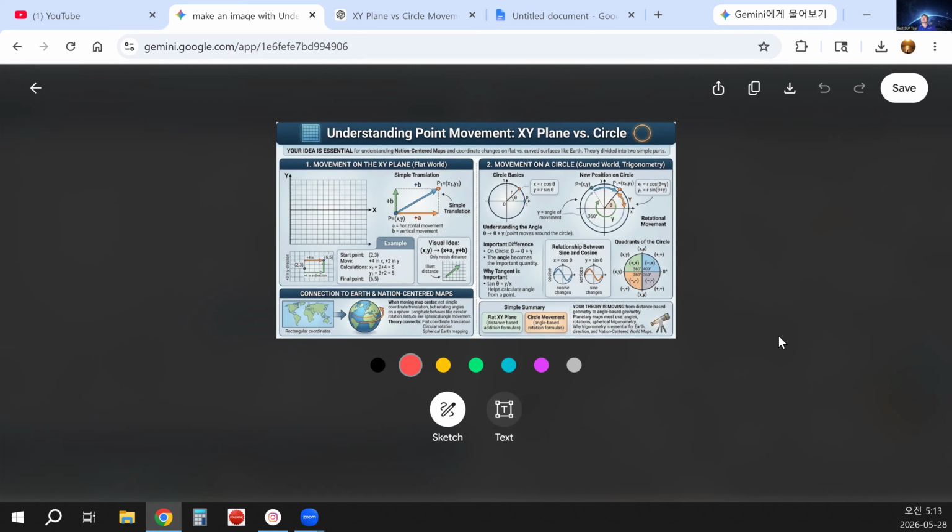This is an important rule because knowing the position itself is the basis for understanding the nation-centered world map, where any place can be centered in the world map. I download it and finish.